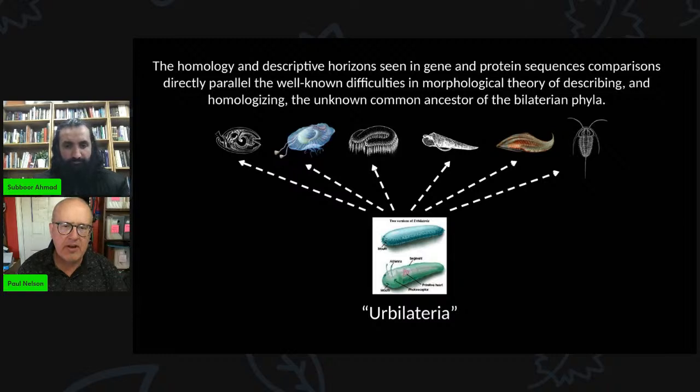Now, this is a hypothetical construct. We don't have any fossil evidence for it. In fact, it's very hard to describe, even hypothetically, in terms of an outline on a whiteboard, because as you start to give this hypothetical common ancestor features, it will tend to pull towards one or another of the known bilaterian groups. So there are 2 ways of drawing this here. This one just looks like a balloon.